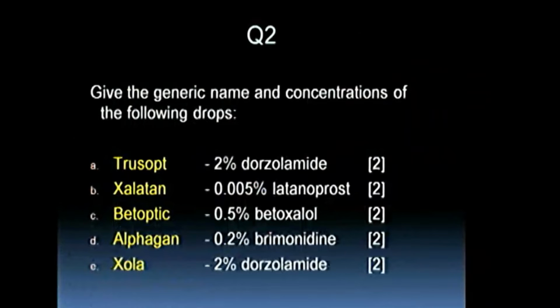Okay, so these are the names and concentration of the drops. For alphagan, I would accept 0.15 as well as 0.2. Zoller and Trusopt are essentially the same thing. Zoller is just locally manufactured. Any questions on that one?